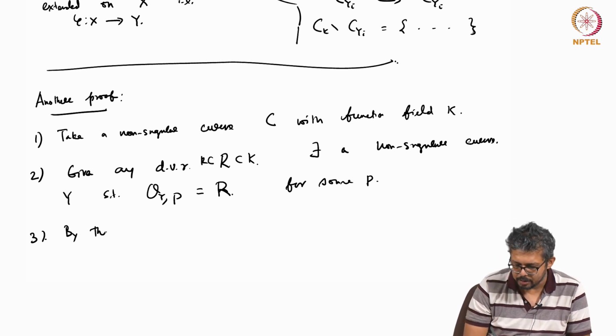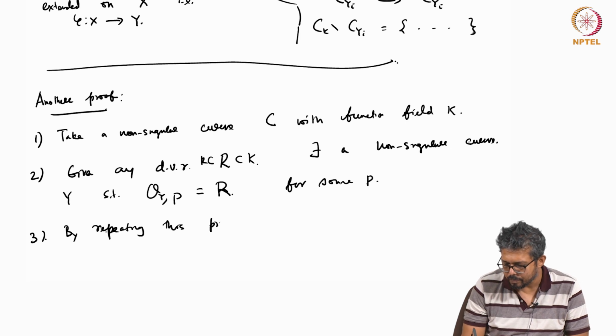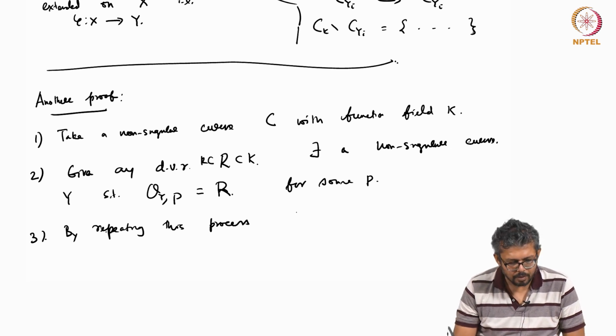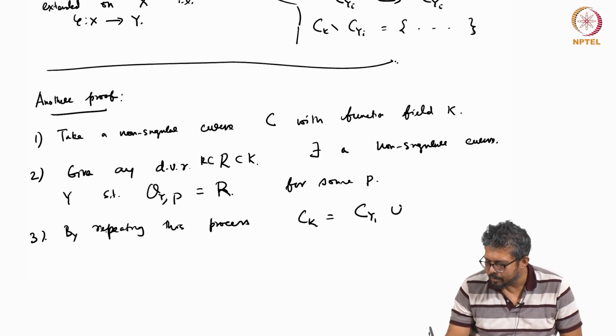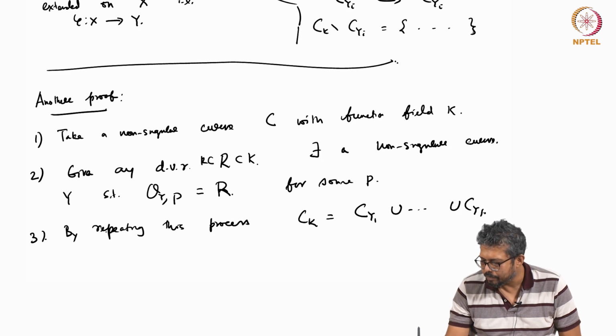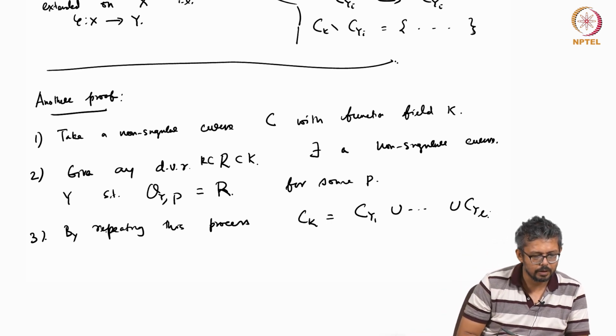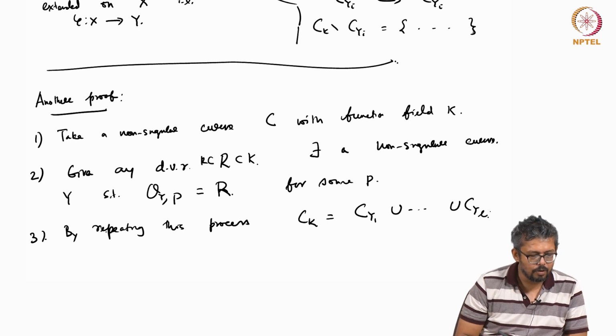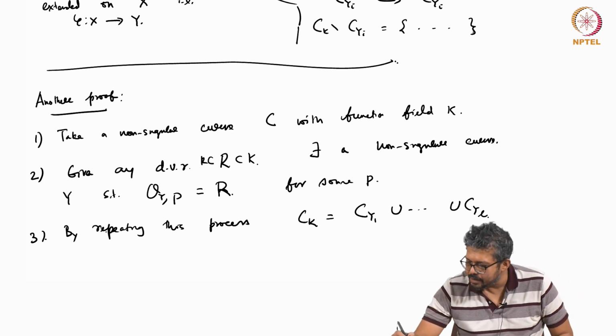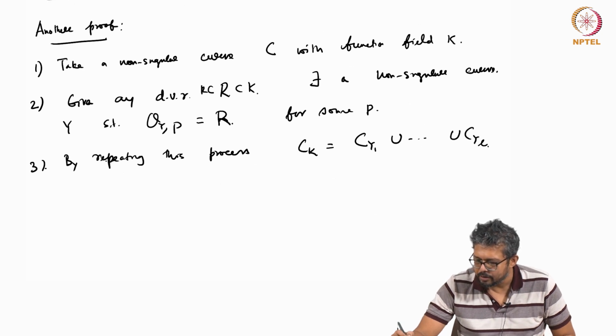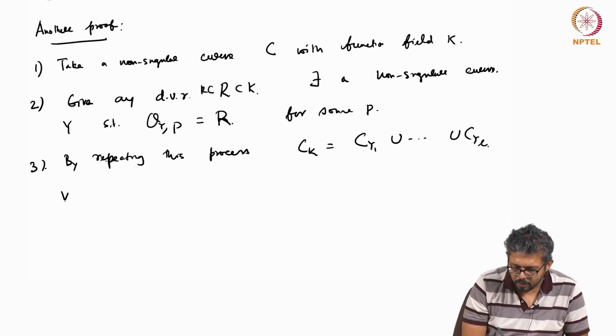So by repeating this, we can assume that CK is CY1 union ... CYl. Now the point is these Yi's are all non-singular curves, right?